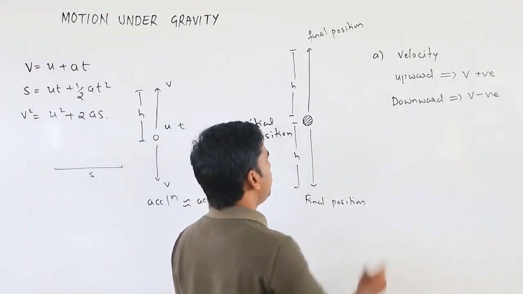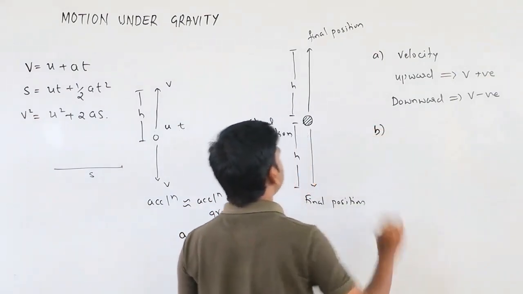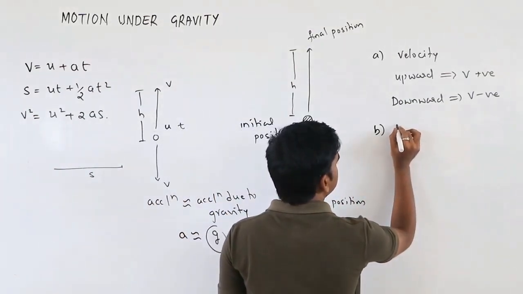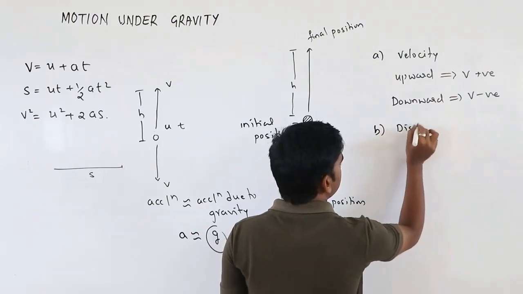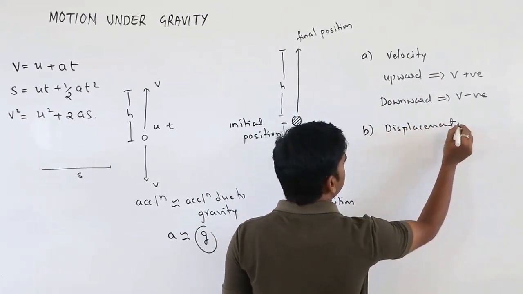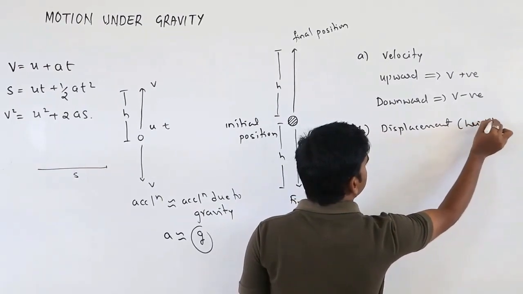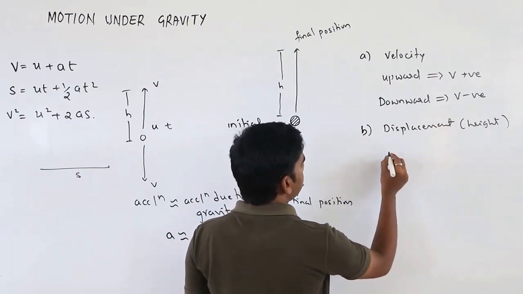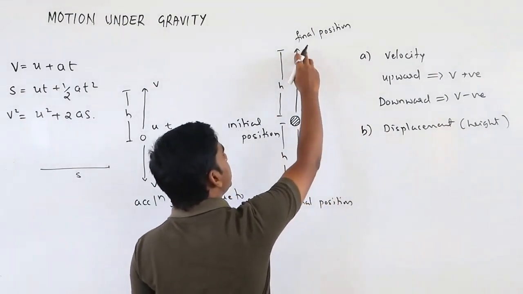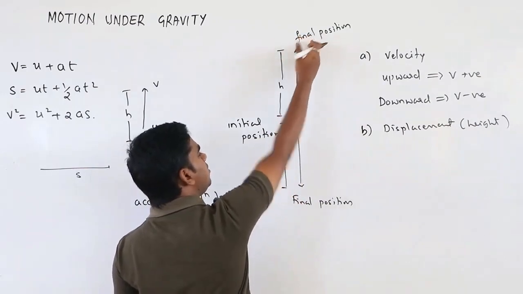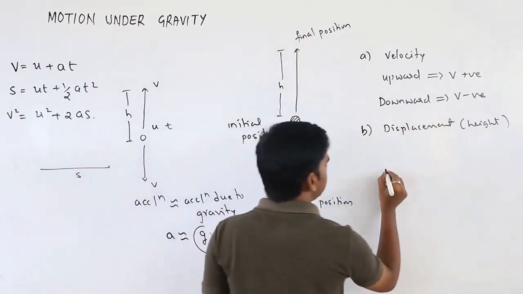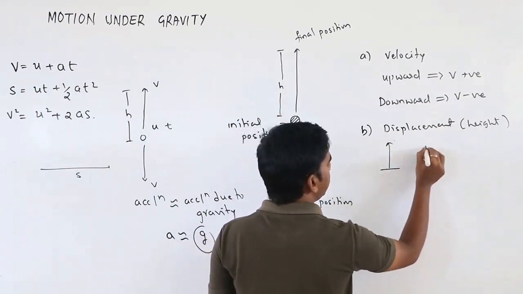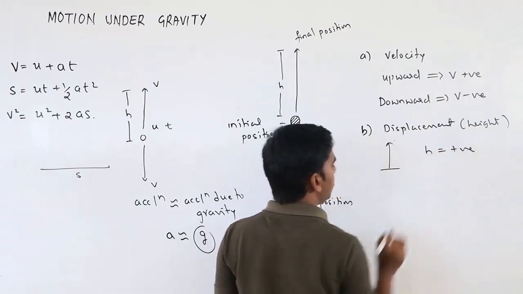That's all. So the second conclusion is about the height, that is, the displacement. You can take it as height. If the final position is above the initial position, then h is taken to be positive.